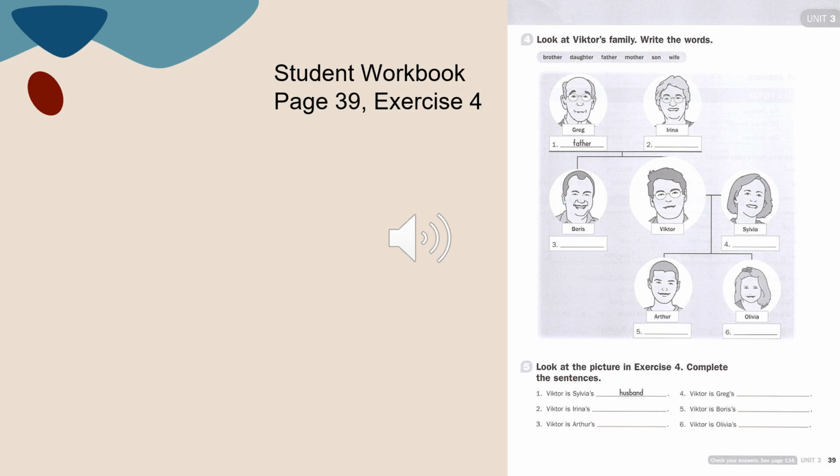Look at Arthur and Olivia. Who do you think they are in relation to Victor and Sylvia? Write the answers. Choose from brother, daughter, and we can't use father, it's already been used, mother, son, or wife.